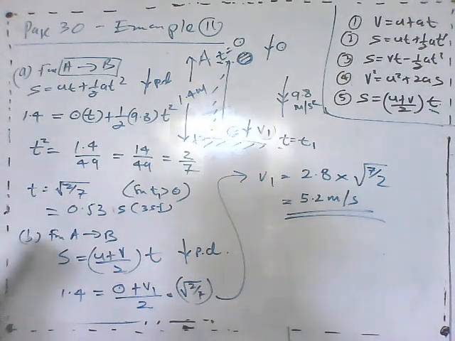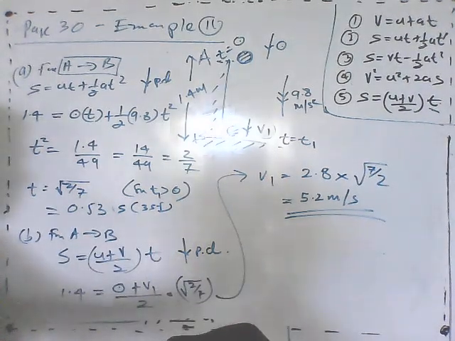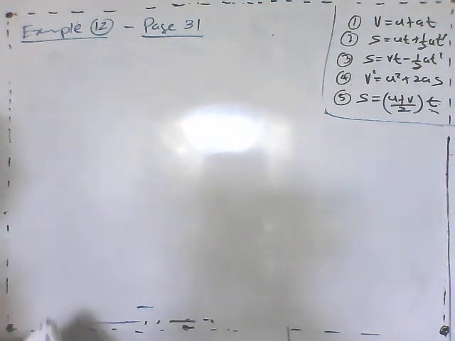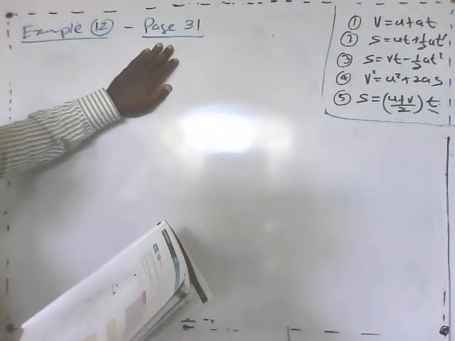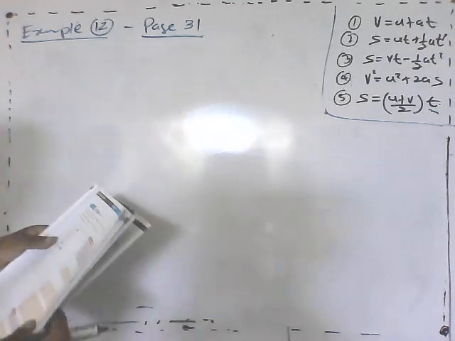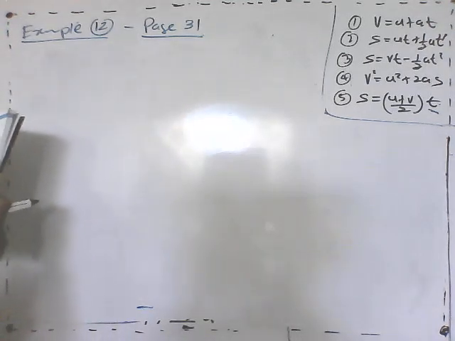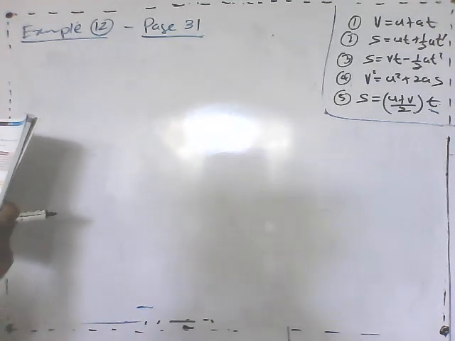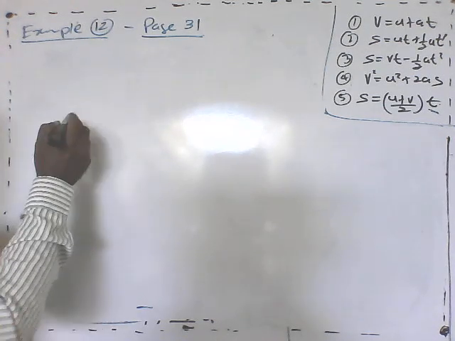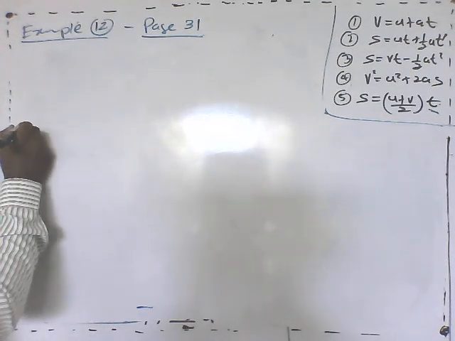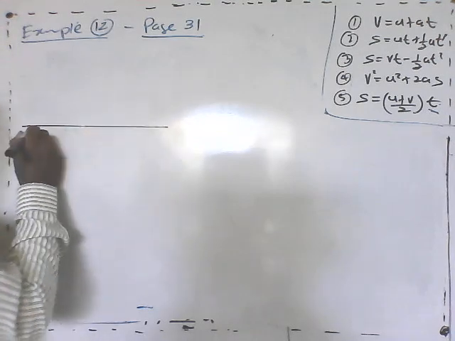So we did example 11. Now we will attempt example 12 on page 31. It says a ball is projected vertically up from a point X which is 7 meters above the ground. So we have the ground here, this is the ground level.